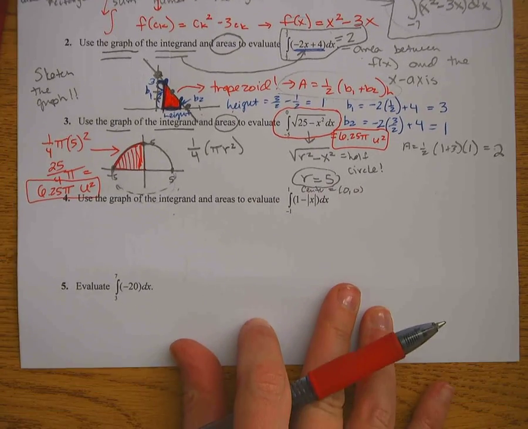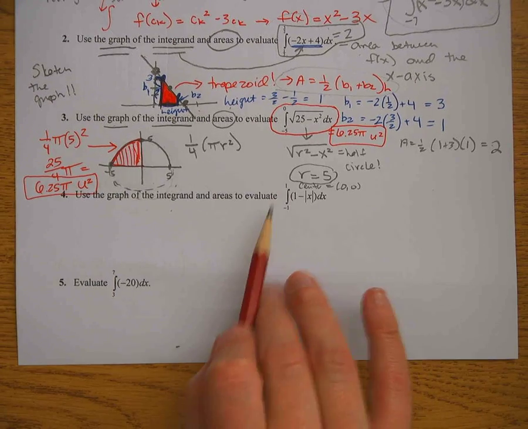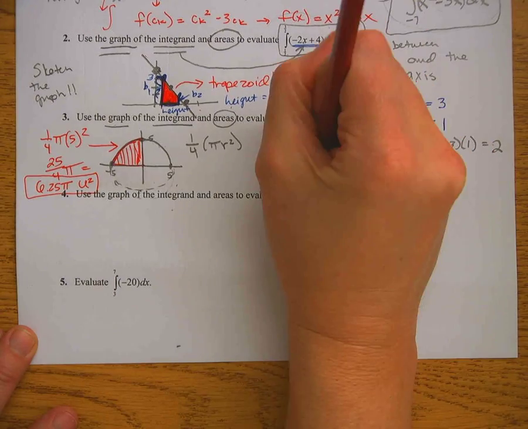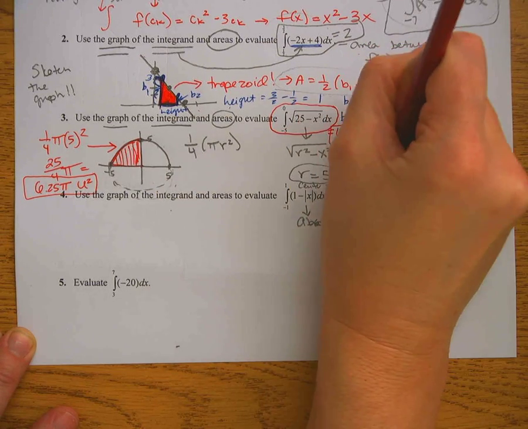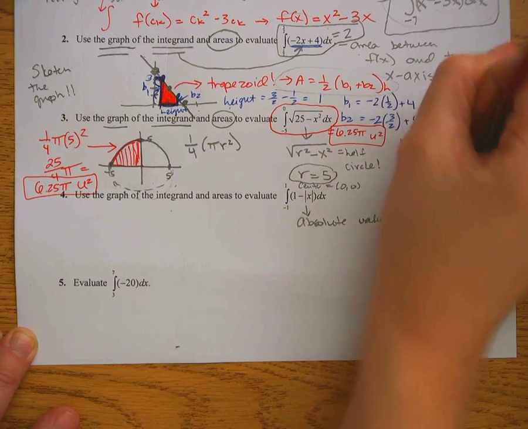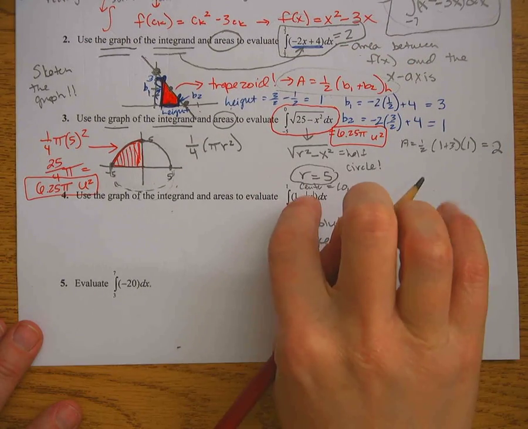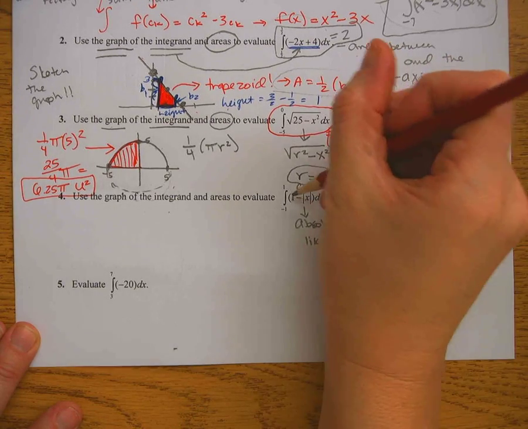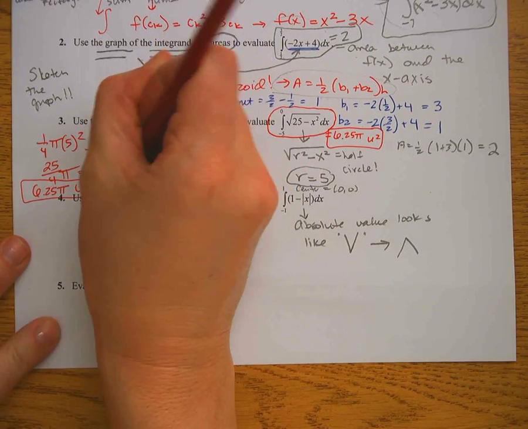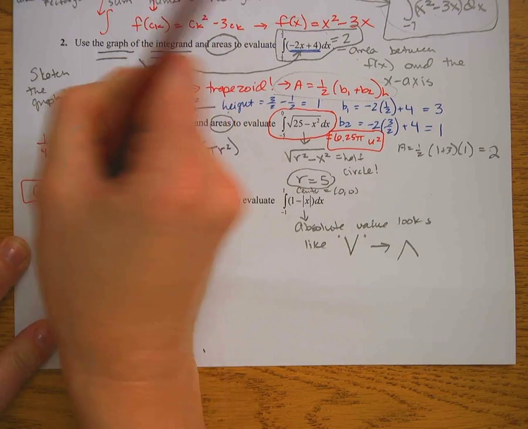Same idea in number 4. Nothing different. I'm going to sketch the graph from -1 to 1. So remember, whenever you see absolute value, the graph looks like a V. And this V is actually going to be facing down because it's negative, and it's going to start up at 1. So there's 1, there's 1, there's -1.